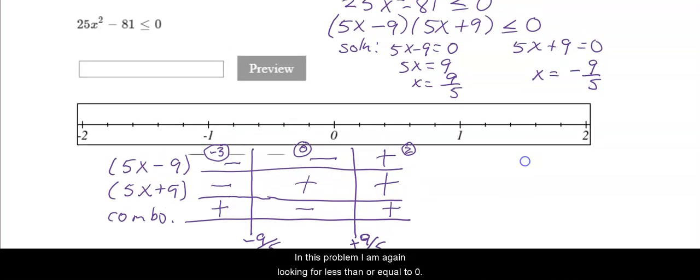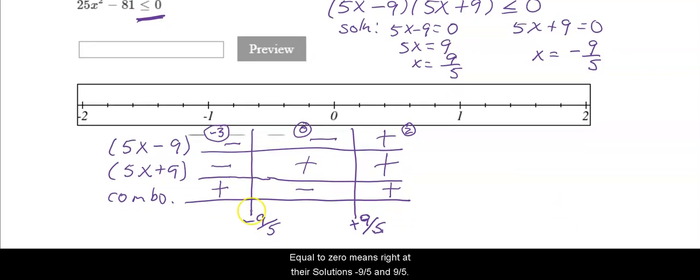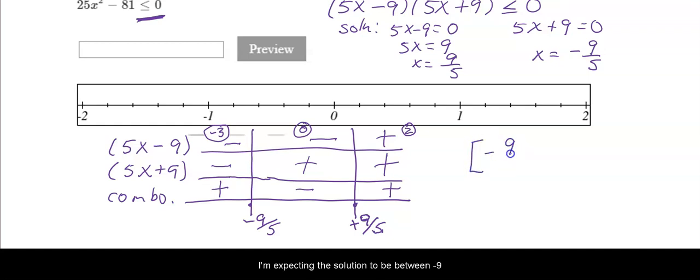In this problem, I am again looking for less than or equal to 0. Equal to 0 means right at their solutions, negative 9/5 and 9/5. Less than means negative. I'm expecting the solution to be between negative 9/5 and positive 9/5. On the graph, negative 9/5 is 4/5 of the way between negative 1 and negative 2.